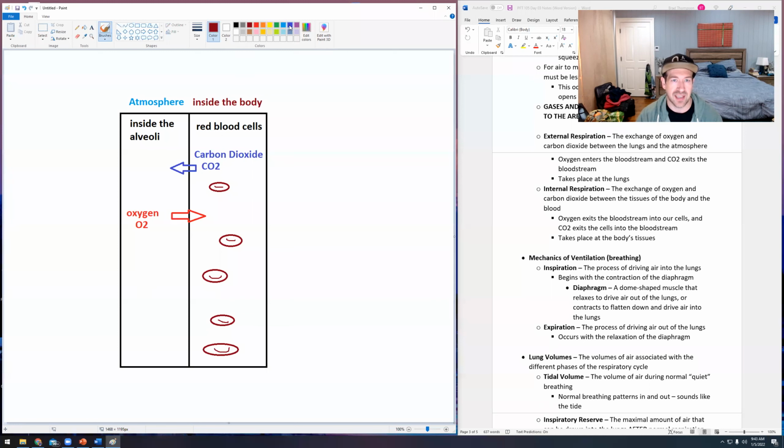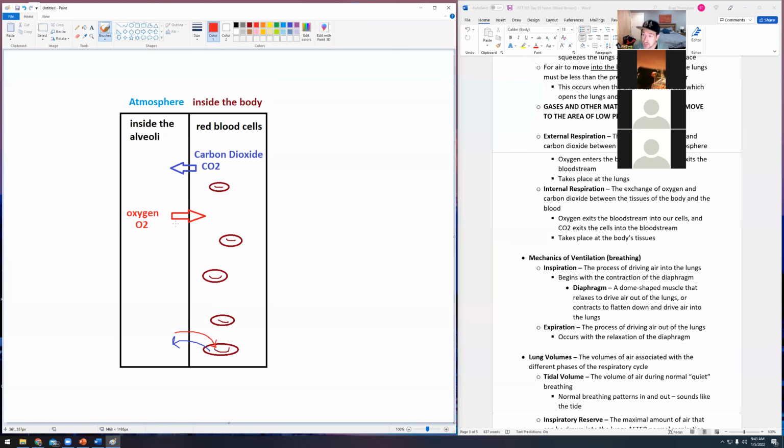And so they're getting rid of their CO2 and they are picking up their oxygen, right? And that happens at the lungs. And this is the exposure to the outside, right, from the inside.